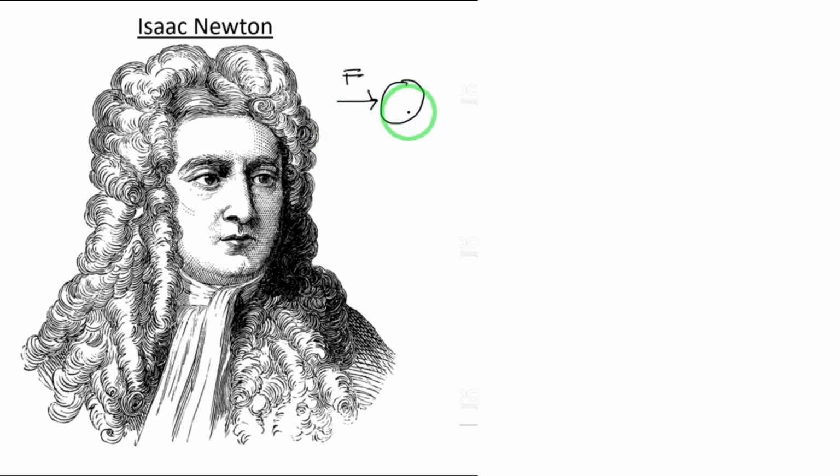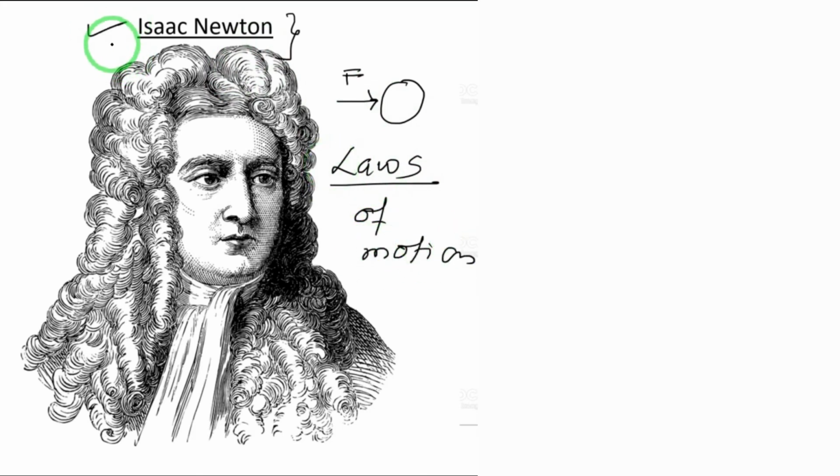Without that, the body doesn't move. And that gave rise to the branch of science called classical mechanics. Particularly, what we are going to study are the laws of motion given by Isaac Newton, and therefore they are called Newton's laws of motion.